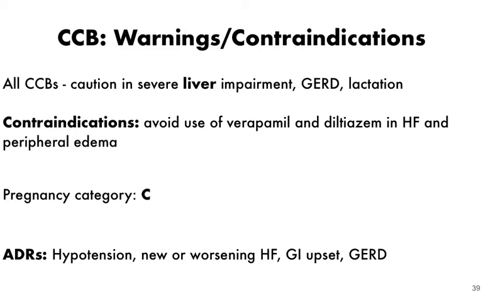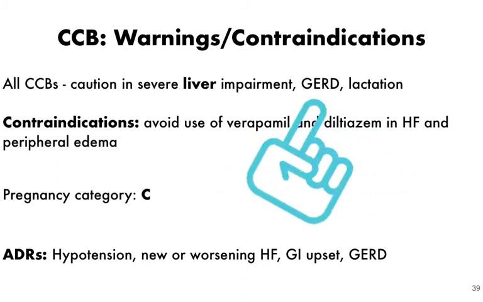Sometimes the dose can be backed off a bit if it doesn't affect blood pressure too much, but usually it's a side effect that either has to be managed, or if it's too problematic, then perhaps another drug class needs to be investigated. And again, for patients who have new or worsening heart failure, we definitely need to avoid those non-DHP agents, verapamil and diltiazem.